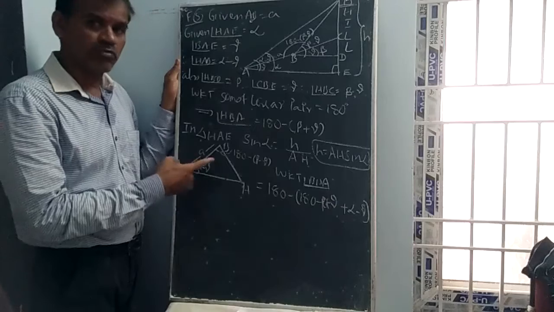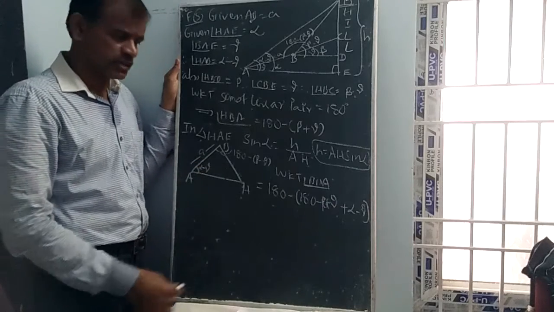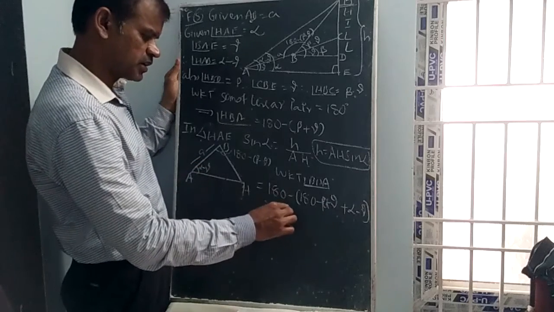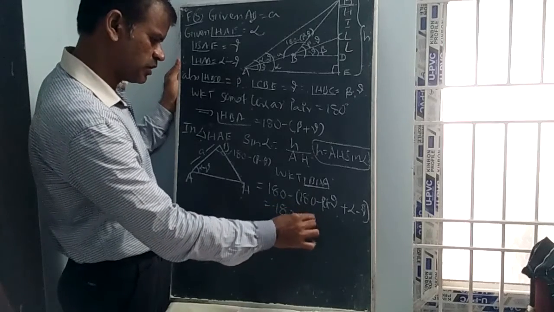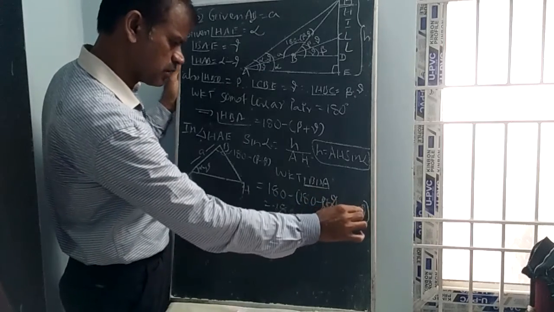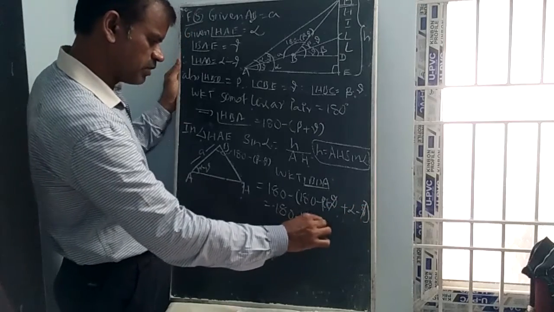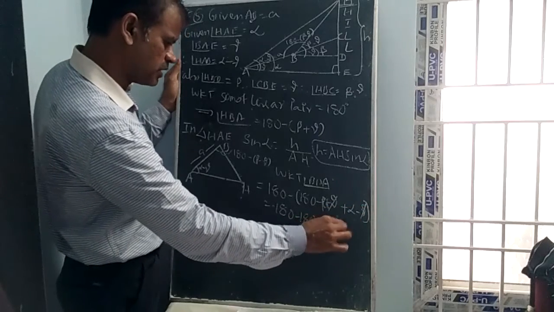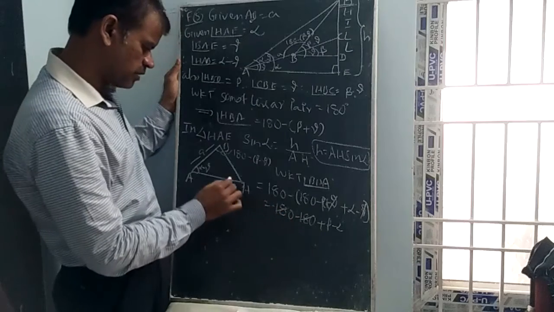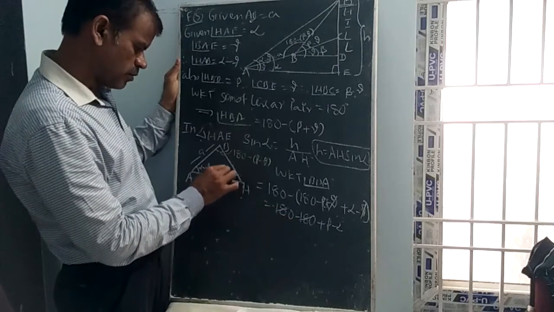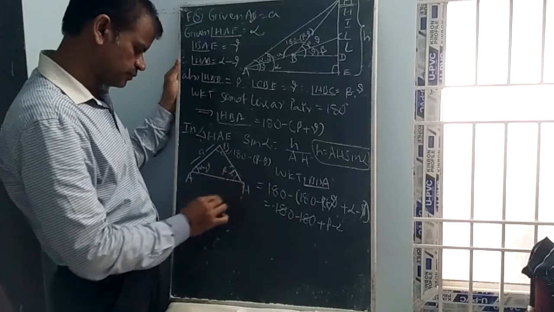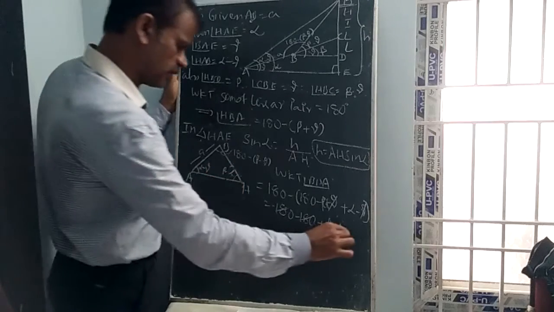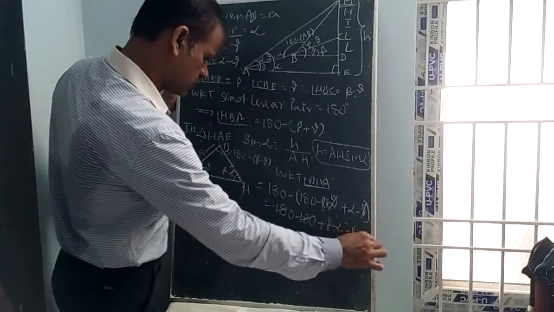The sum of angles in any triangle is 180 degrees. Now 180 gets cancelled, minus gamma plus gamma gets cancelled. So that is equal to beta minus alpha at the place of H. Beta minus alpha we got.